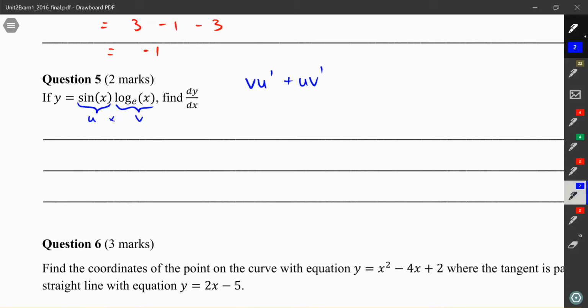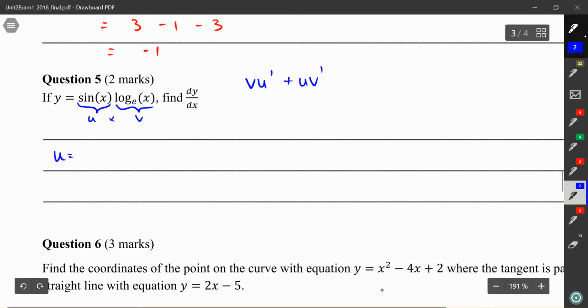I kept mentioning that. So if I let U equal sine of x, then I find the derivative, which we know is cos of x. If I let V equal log E of x, then the derivative is 1 on x.